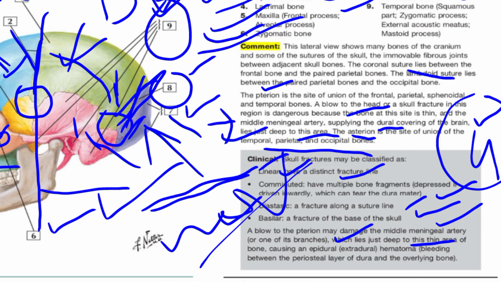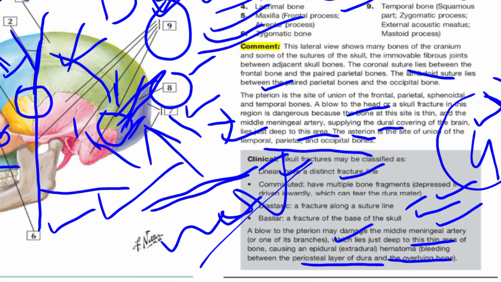Injury to this area causes epidural or extradural hematoma. What is this? Extradural or epidural is bleeding between the periosteal layer of the dura and the overlying bone of the skull. This is the area of the epidural or extradural hematoma.